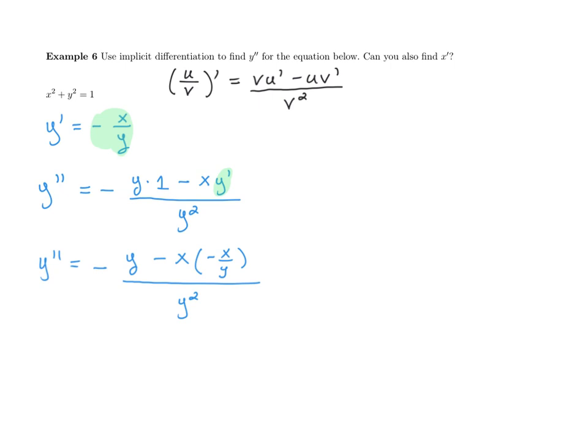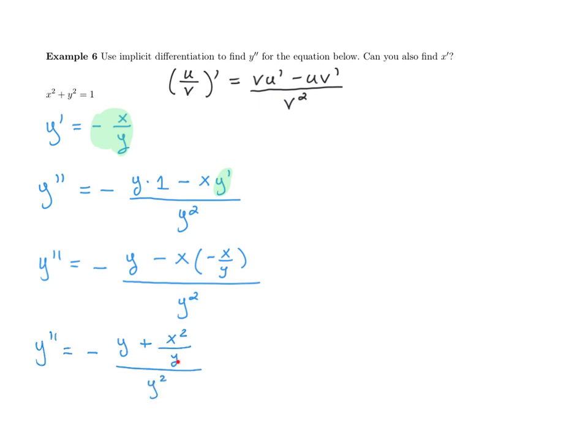I'm going to simplify it a little bit. I have a negative and a negative. Those can cancel. And this negative is outside the entire fraction. So we get y double prime is negative y plus, okay, this is really x squared over y, all divided by y squared.